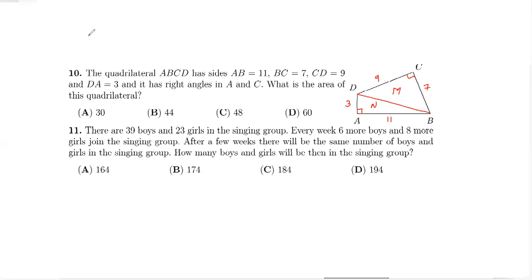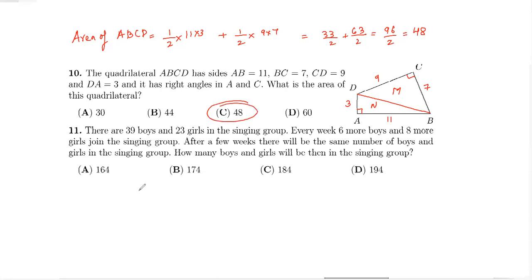So the area of the quadrilateral ABCD will be half times base into height, 11 into 3, plus half times 9 into 7. So this becomes 33 over 2 plus 63 over 2. So I get 96 over 2, which is 48 units. So my answer is option C, 48.